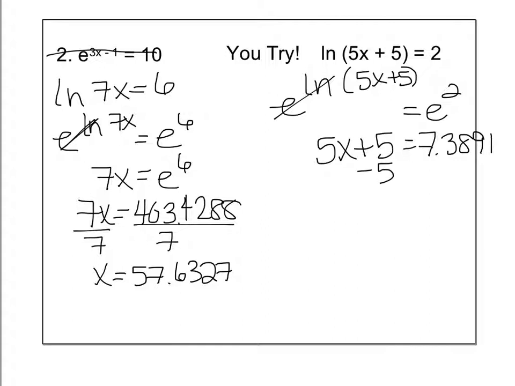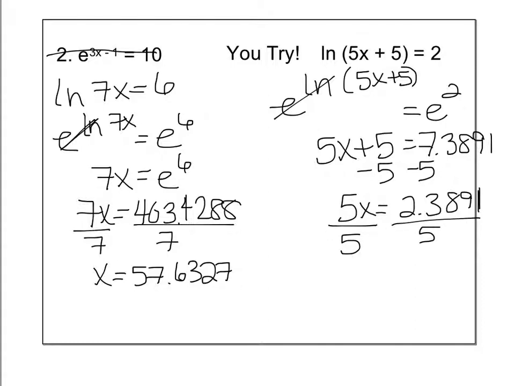We're now going to subtract 5. So I have 5x equals 2.3891. Make sure you also do that in your calculator. And then we divide by 5. So x is approximately 0.4778. This time it didn't round up because there was a 1 behind it.